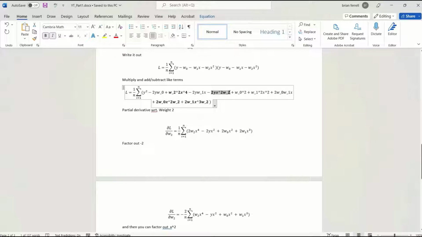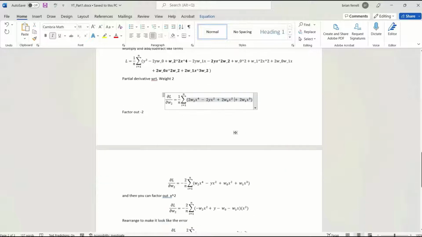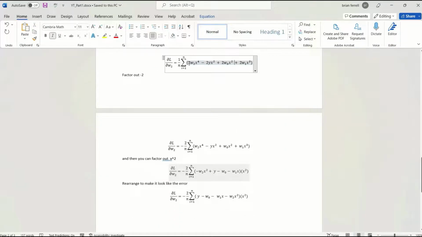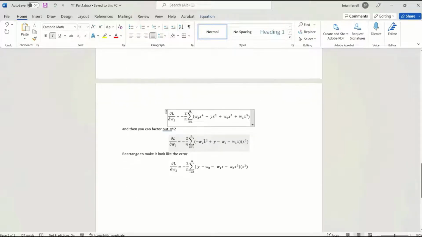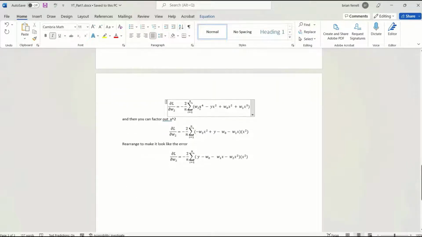This one becomes 2yx squared, and then this one becomes 2 times weight 0 of x squared times x squared, and this one is 2 weight 1 x times x cubed, and then you drop the weight 2. So now that we have it in this pretty way, we can still factor out the -2, but after we factor it out, we're stuck with this.